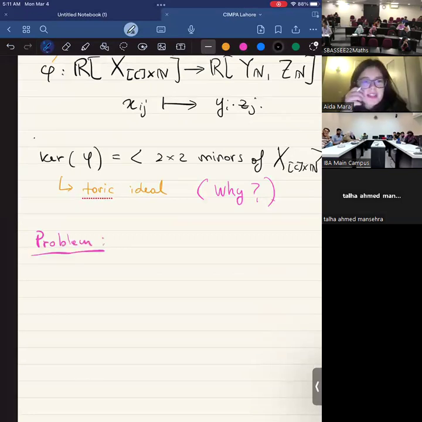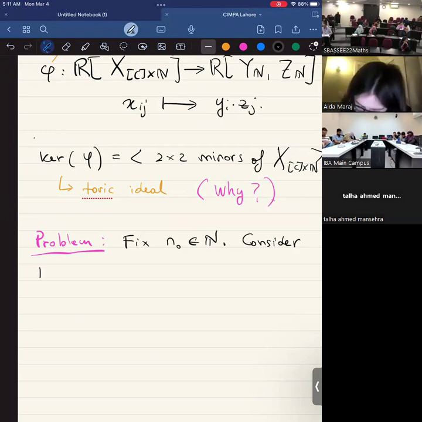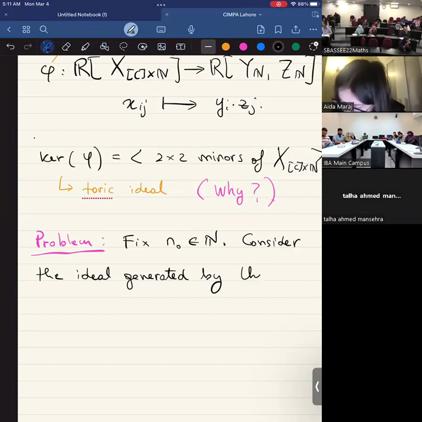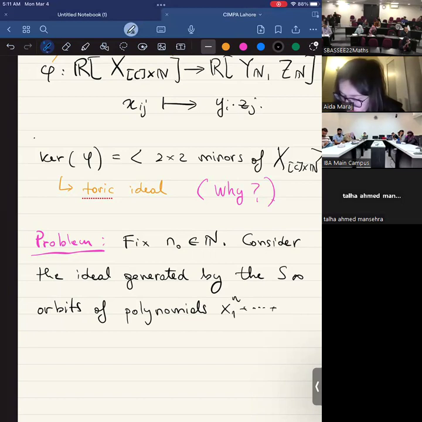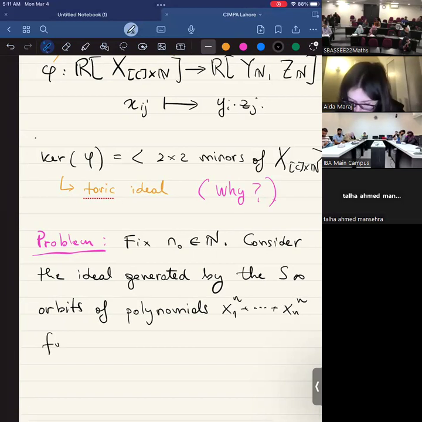So fix some n0 in N and consider the ideal generated by the S infinity orbits of polynomials x1 to the n plus ... plus xn to the n for n greater or equal to n0.